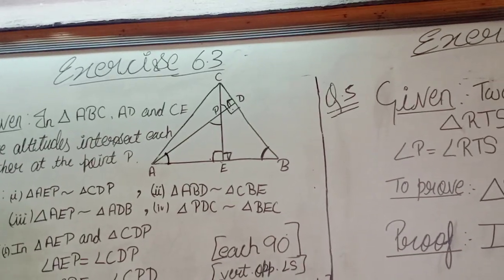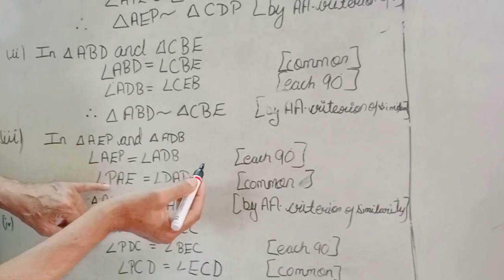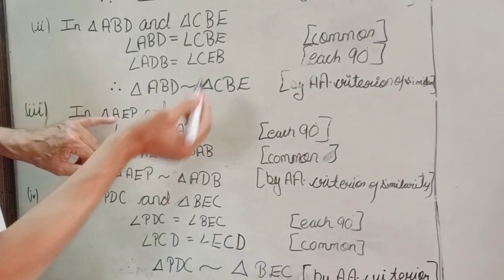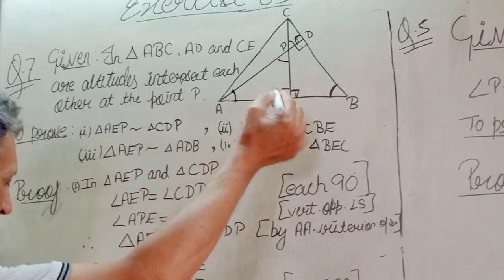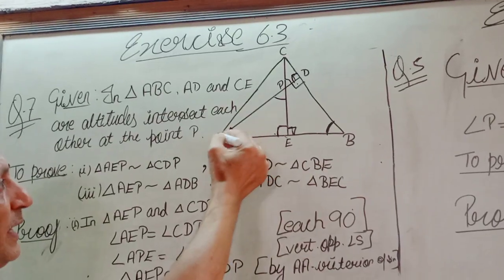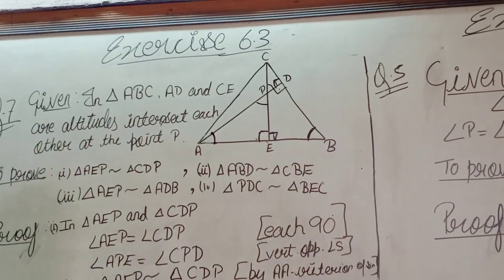Therefore, again by AA criterion, the two triangles, triangle AEP and triangle ADB, are similar.